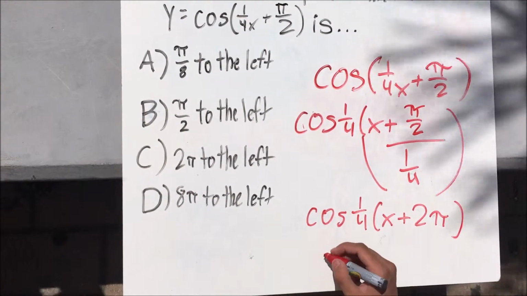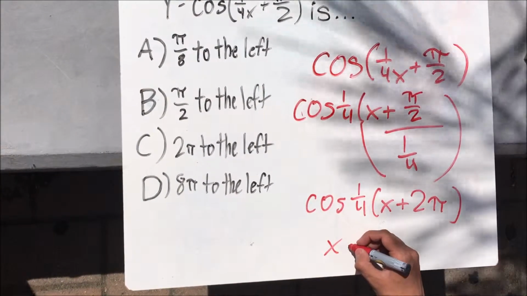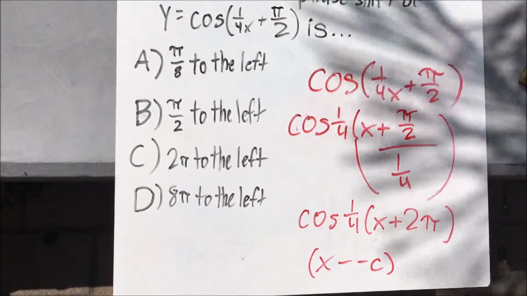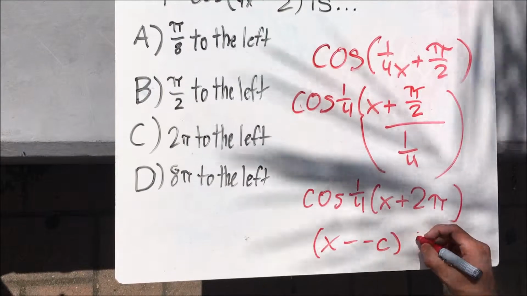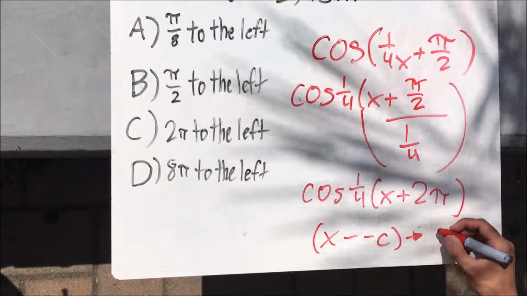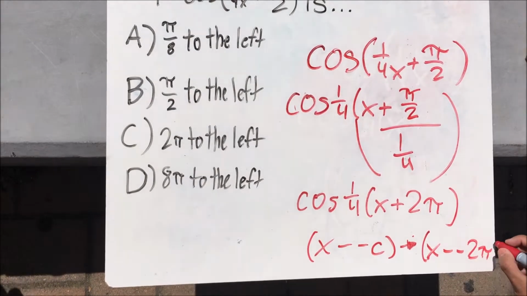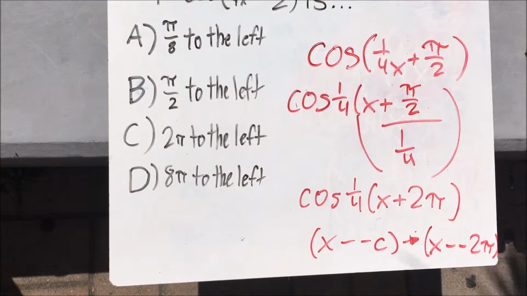Now C is x minus C. Since we have a positive here, we're going to turn this to negative, so that's going to become x minus pi squared.